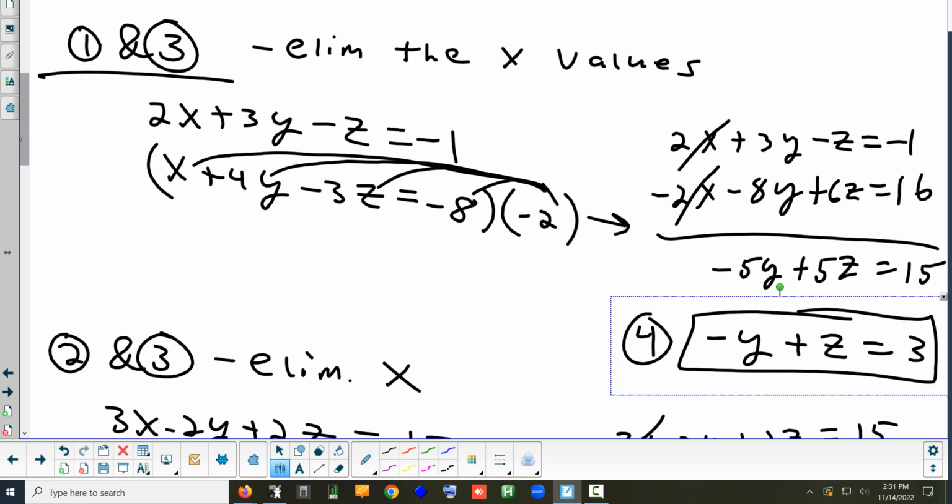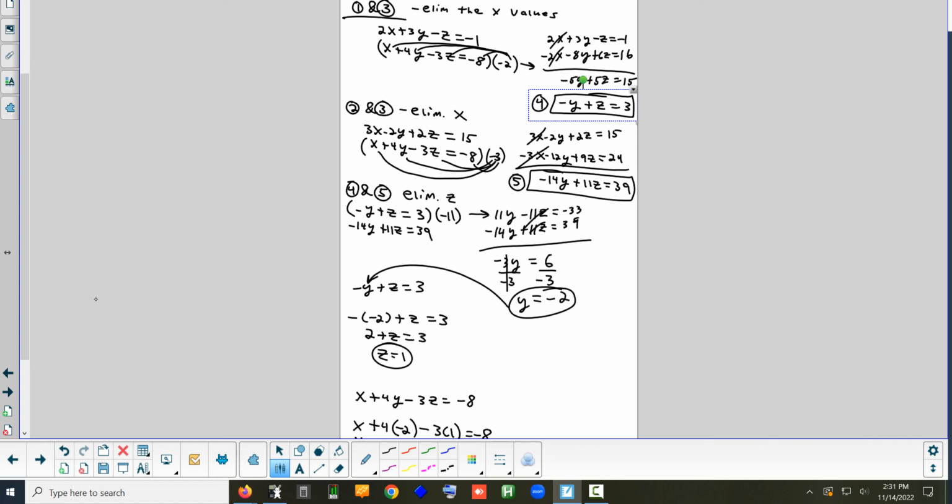So, the one downside, let me just zoom way out on this. The downside to this kind of problem is there was a lot of writing. And half the writing I did here was copying, first of all. And the second thing was I had to keep writing x, y's, and z's a lot. If you count up all the x, y's, and z's, that probably makes up maybe a third of everything I wrote down, just writing letters.